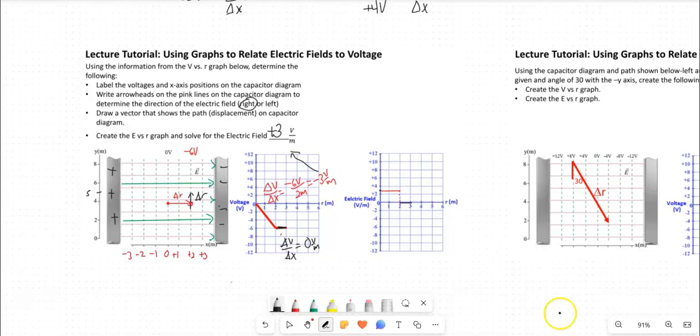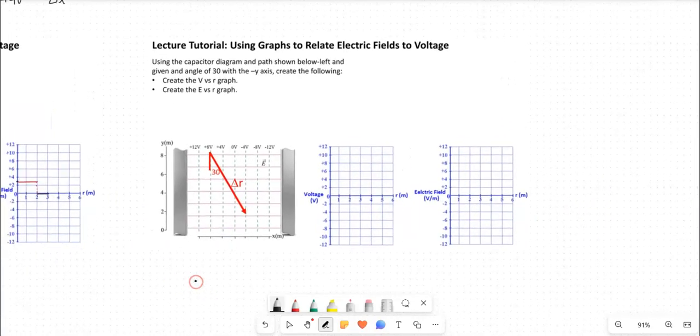All right, let's move on to our last part of our little tutorials. So in this case, we're given the actual path, which is this length right here. And we don't know that length, but we do know it makes a 30-degree angle. It starts off at positive 8 meters right here, and it looks like it's ending at positive 2 meters.